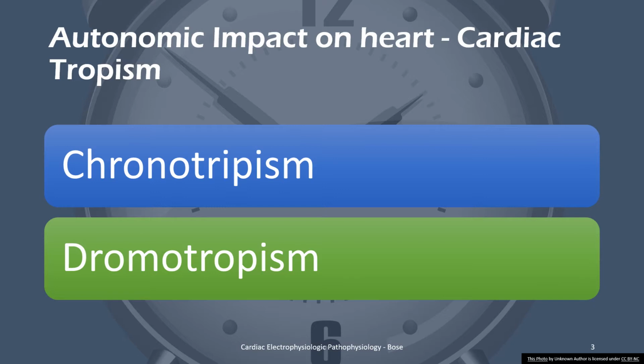Chronotropic influence deals with the rate of the heart, whereas dromotropism deals with the rhythm of the heart. They usually go hand in hand together, so problems with one also reflect in problems with the other.